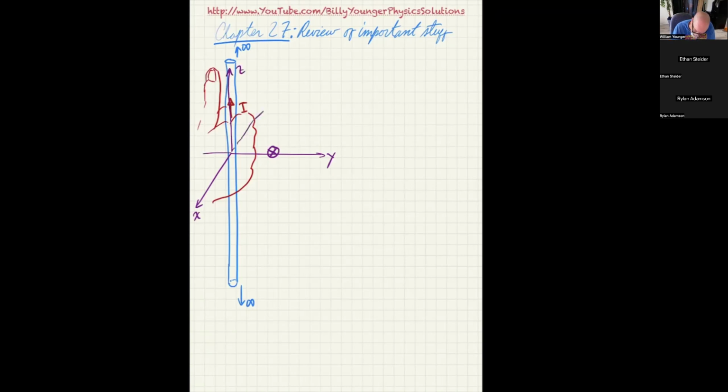So if we get back here behind the wire, then the magnetic field is going to point this way. If we're to the right of the wire, it's going to point into the page. If we're to the left of the wire, it's going to point out of the page. And if we're in front of the wire, it's going to point to the right. So that's the right hand rule. That also means that's one of the right hand rules.